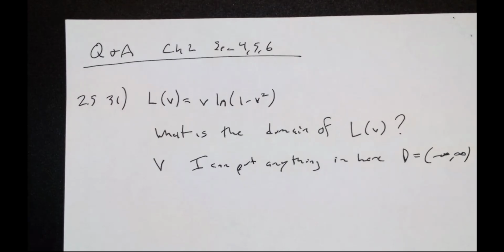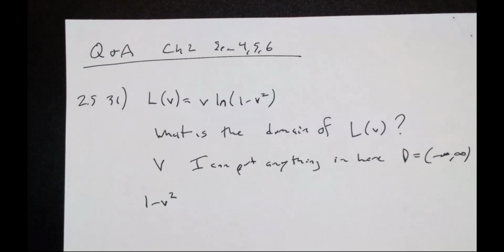Now let's look at the other piece. The other piece is a composition. There's one function inside another. So I'll start on the inside. Think about 1 minus v squared. What's the domain of that? Jordan.